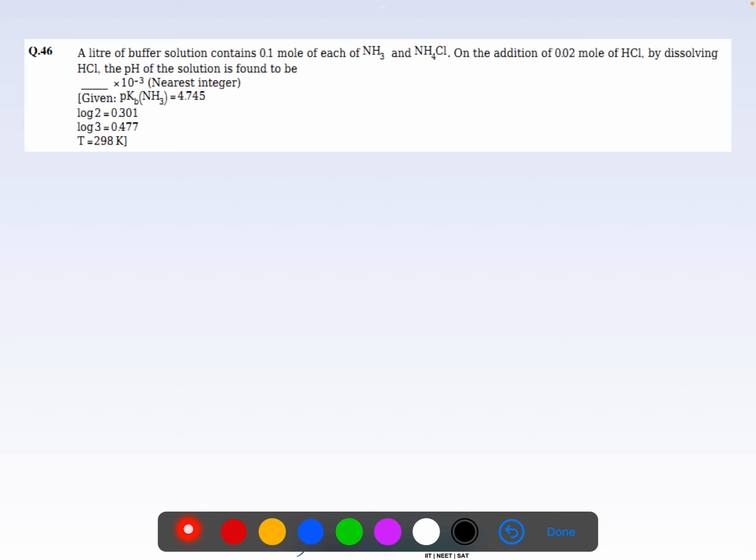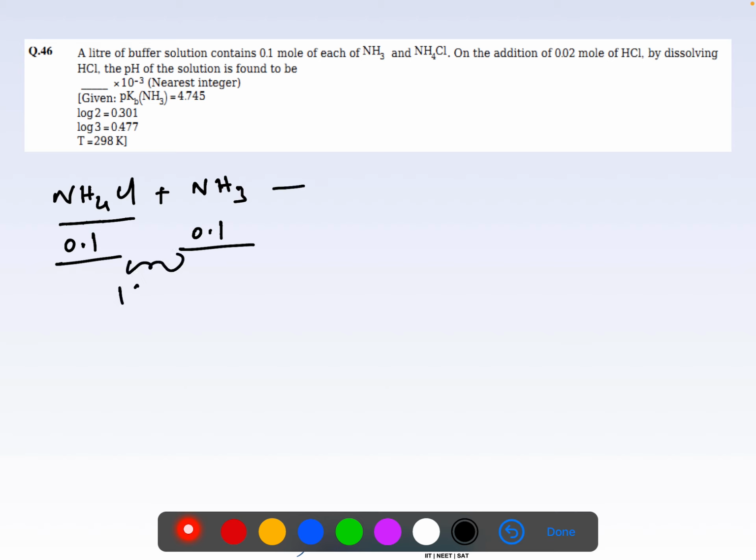A 1 liter buffer solution contains 0.1 mole of NH4Cl. So 1 liter of solution contains 0.1 mole of NH4Cl and 0.1 mole of ammonia. To this 1 liter solution, 0.102 mole of HCl is added.